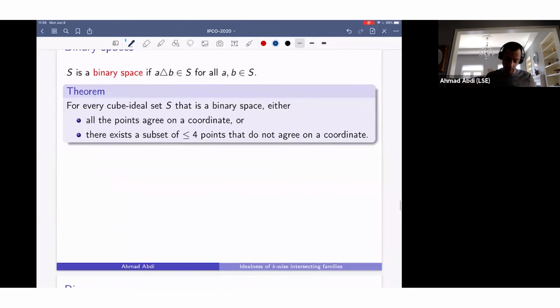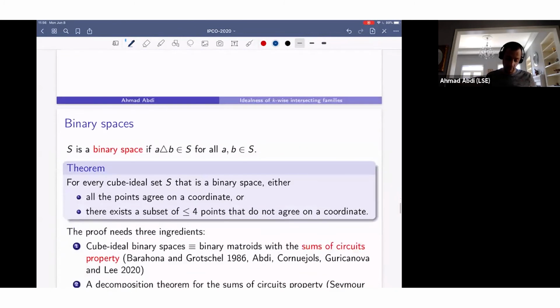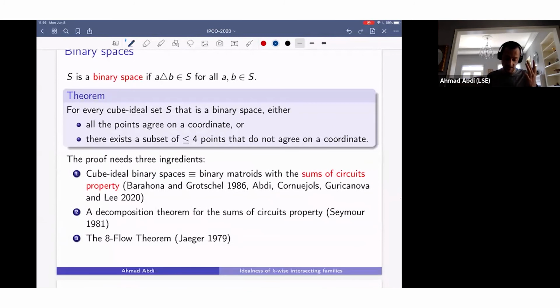Now, I don't have time to talk about this, but this proof relies on 3 results. One ingredient is that cube ideal binary spaces are in correspondence with binary matrices with the sums of circuits property. Another result is a classification theorem of Seymour, giving a decomposition theorem for the sums of circuits property. And finally, the 8-flow theorem of Jaeger in graph theory.